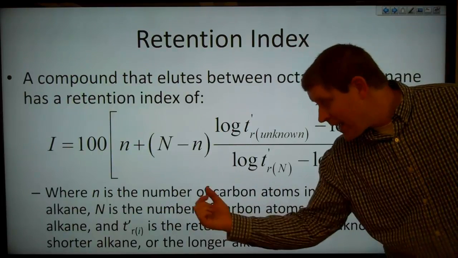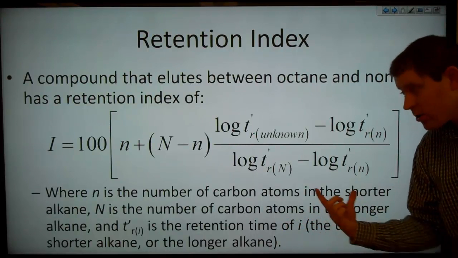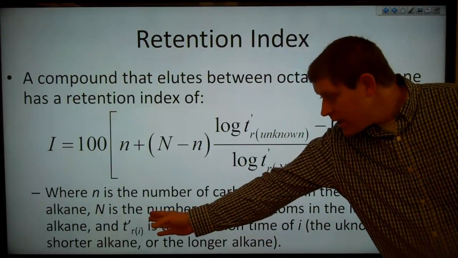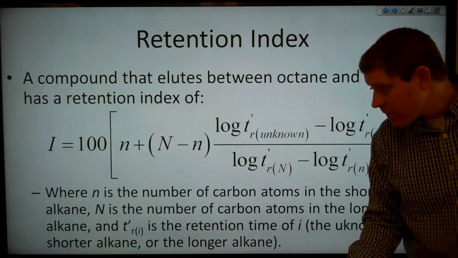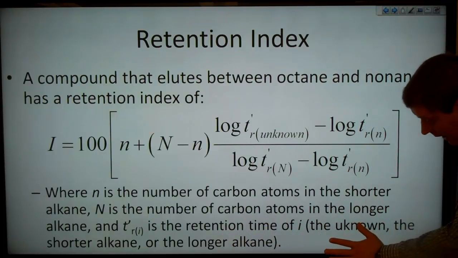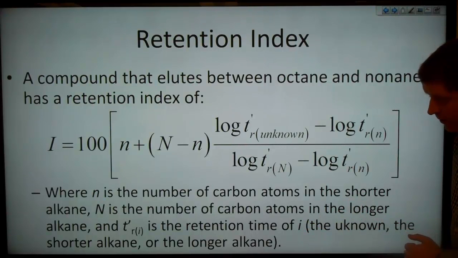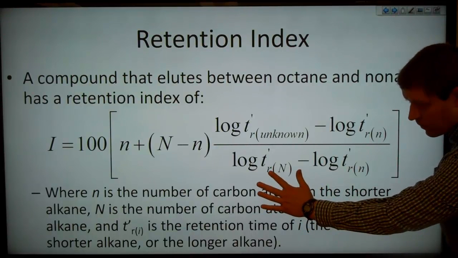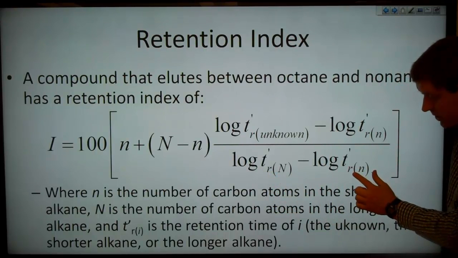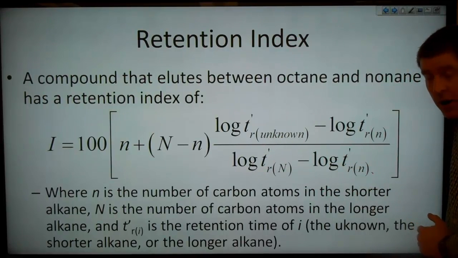The uppercase N is the number of carbon atoms in the longer alkane, so nonane in this case, and the Tr prime with I in parentheses is the retention time of I, so this is the unknown, the shorter alkane or the longer alkane. In this case we have the retention time of the longer alkane. In this case, we have the retention time of the shorter alkane. In this case, we have the retention time of our unknown.